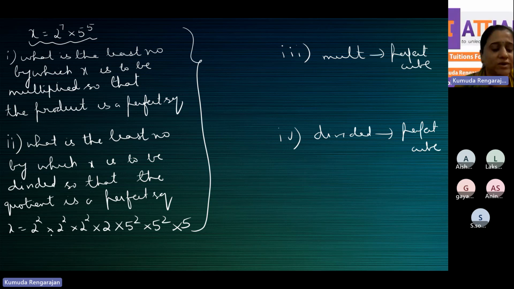So now this one occurs in pairs. This one does not occur in pairs. So now, what is the number by which X is to be multiplied? Look at the factors that do not occur in pairs. This 2 does not occur in pairs, and this 5 also does not.